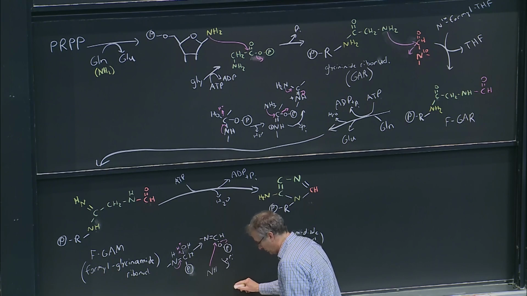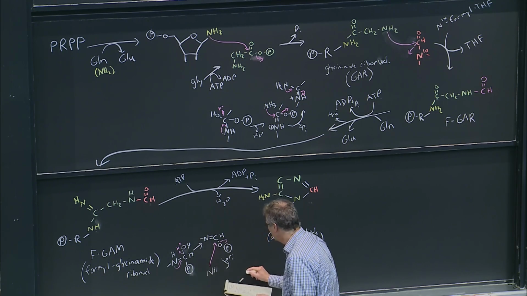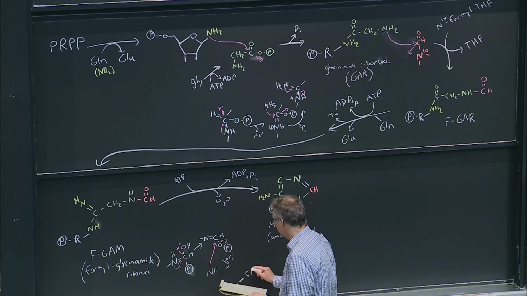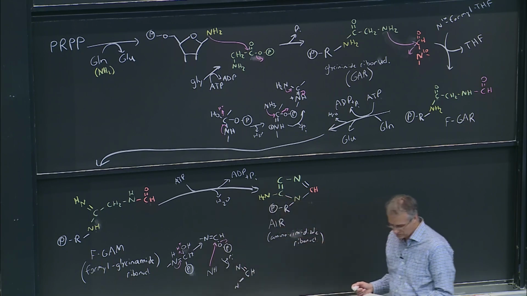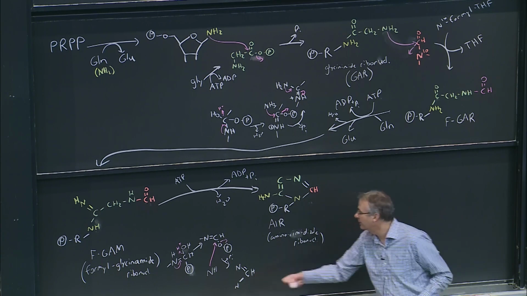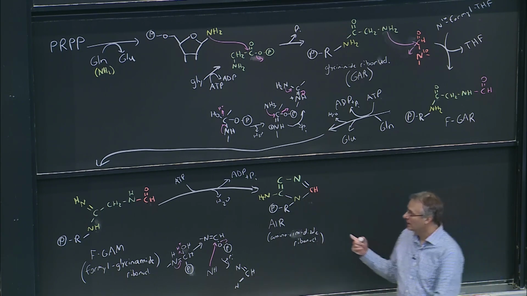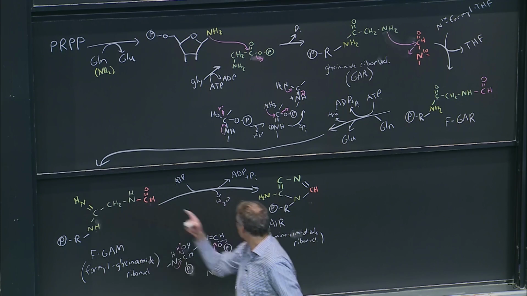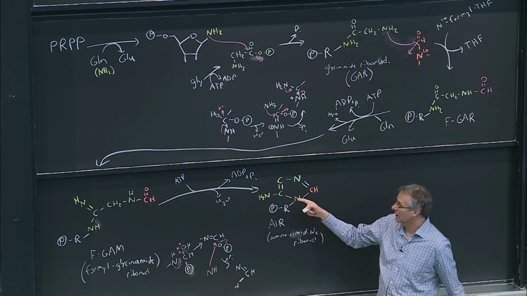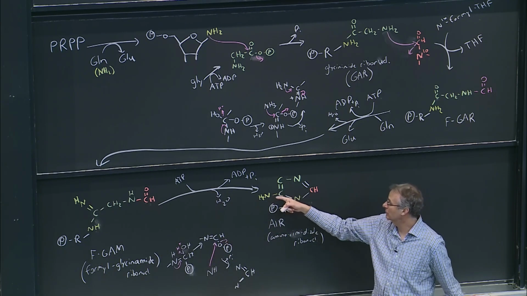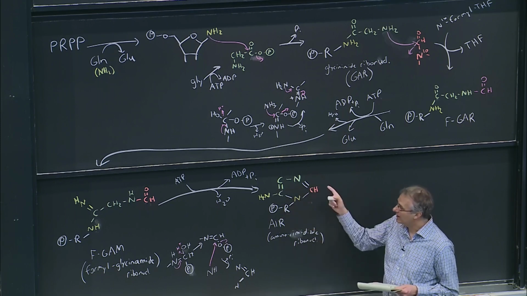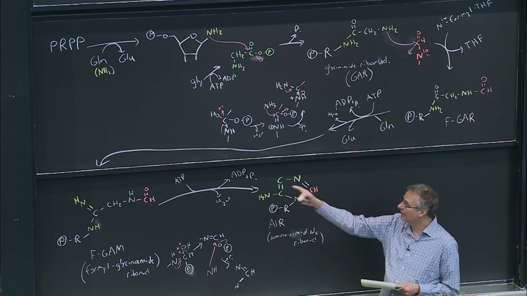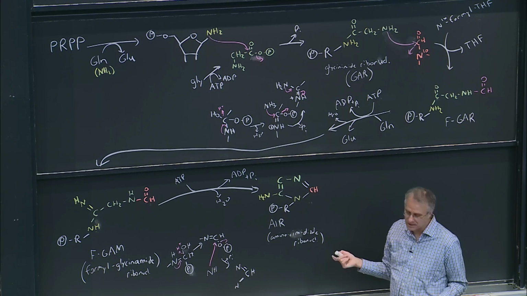So that will end up closing the ring on that side of the molecule, and then all I've done is I've just removed the electrons here so that rather than being a carbon-nitrogen double bond, it's now a carbon-carbon double bond. And that generates FGAM to AIR, costing an ATP.